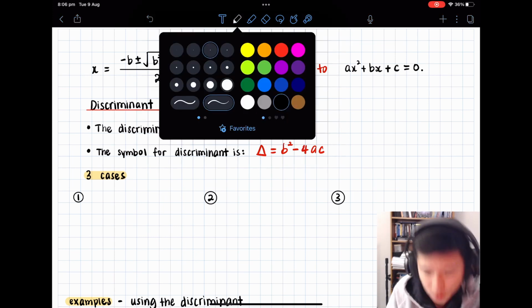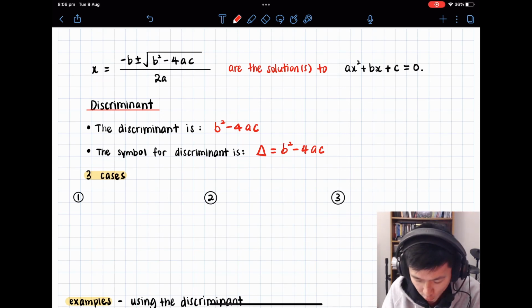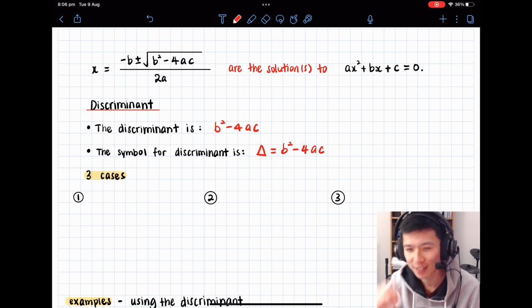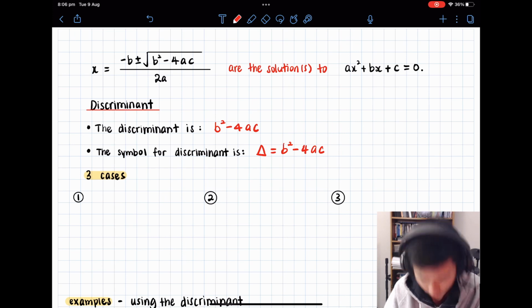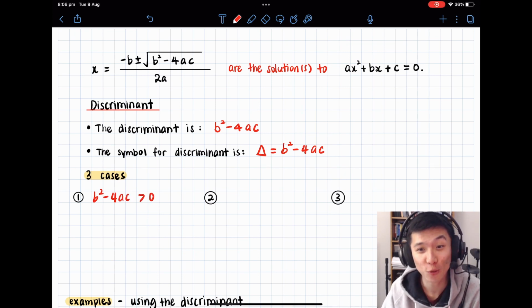Let's say you're doing the quadratic formula, you've figured out what a, b, and c are, and you're substituting them into the formula. You're writing out b squared minus 4ac and all that stuff. And it turns out that b squared minus 4ac, when you sub it in, is positive. It's greater than 0.